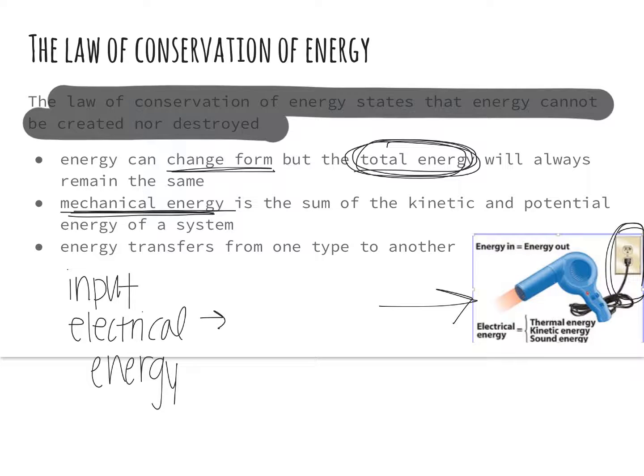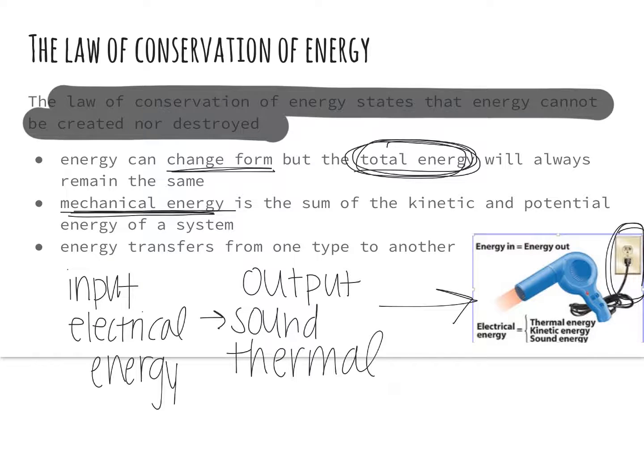Now, when you turn on your hairdryer and it actually starts going, you take that electrical energy and transform it into sound energy, because those are quite loud depending on the hairdryer; thermal energy, because the whole point of a hairdryer is to dry your hair, so you need some heat to do that; and kinetic energy, because all those air particles blowing on your hair are moving.